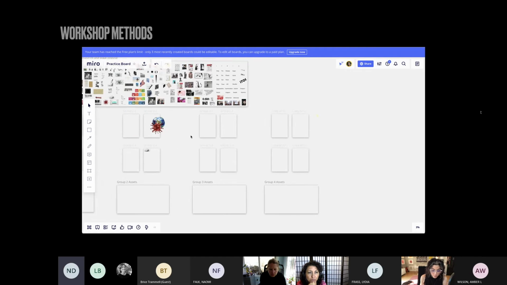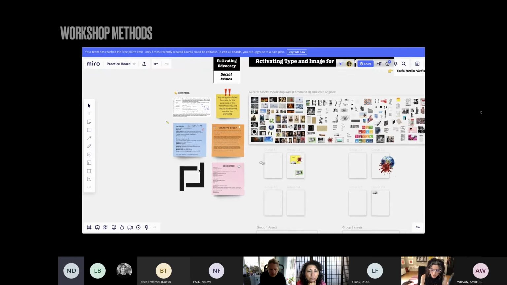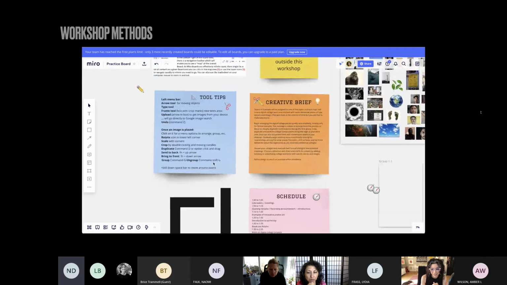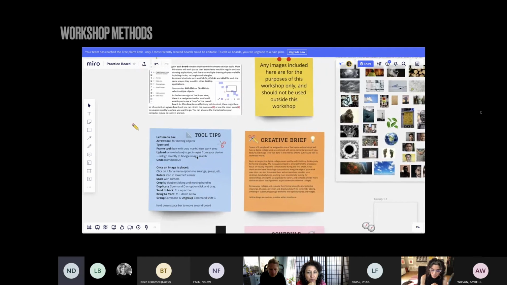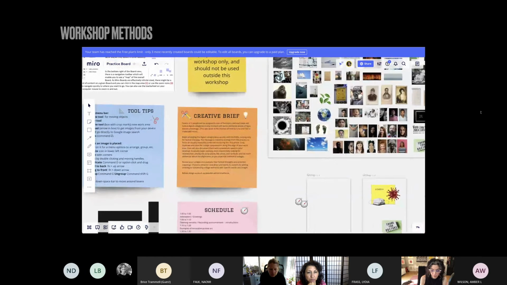So we gave them some viewfinders as well, those black L-shaped brackets, to crop out their images, and a few quick reminders on the board as to the tools that were available in Miro.